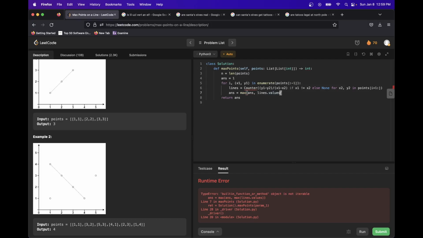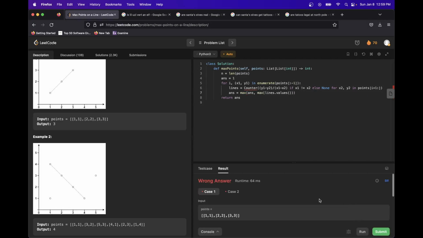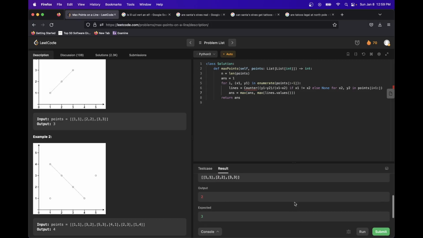Okay, we'll say lines. I know I'm missing something very basic here. There we go. Okay. Except this is going to be +1 because here we're counting up the number of other points, but we're not including the point i. So here we would say ans is max of that +1.